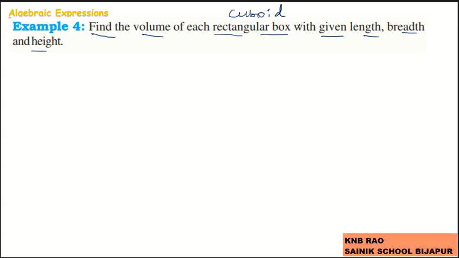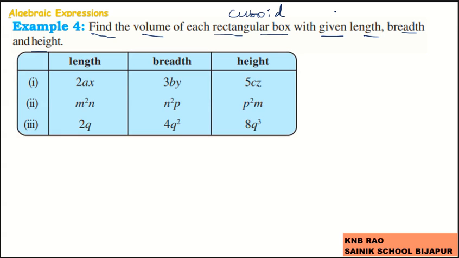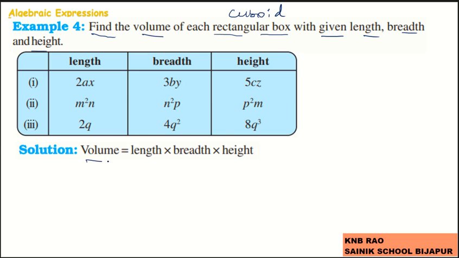The volume of any cuboid will be the product of length, breadth and height. So here we are given a table containing length, breadth and height in terms of monomials, and knowing the formula of volume, we will find the volume.